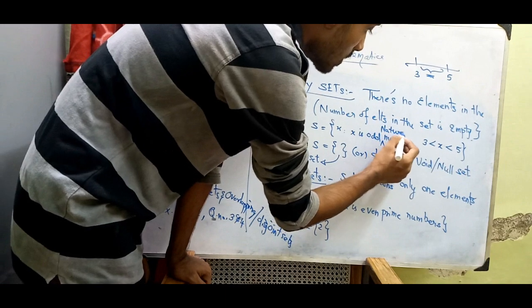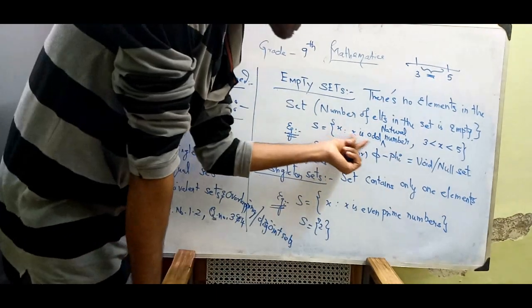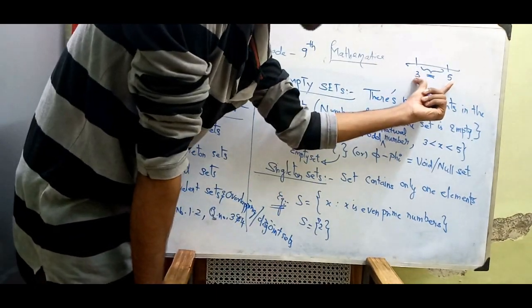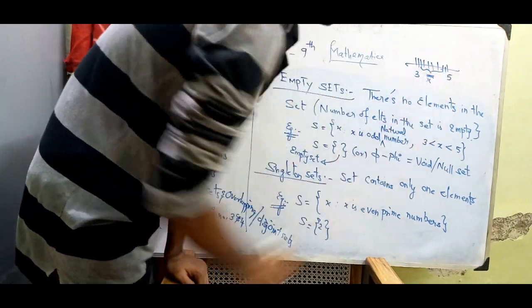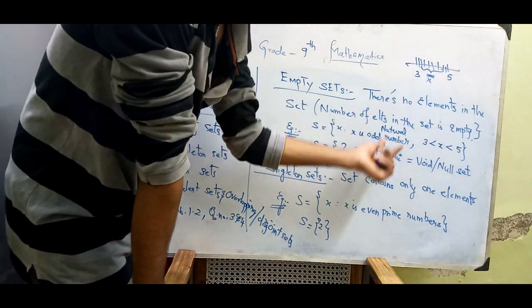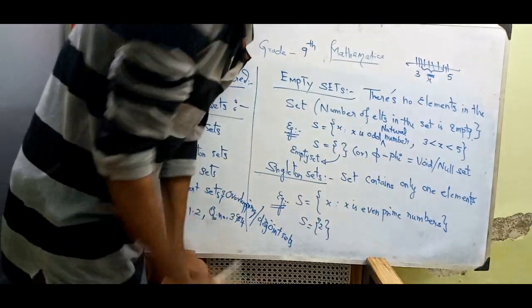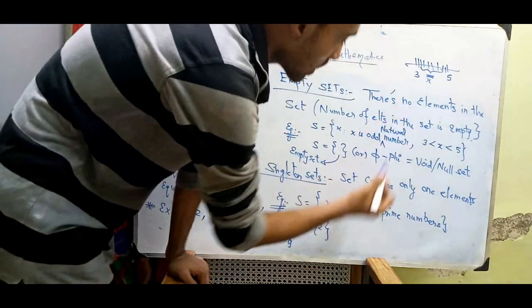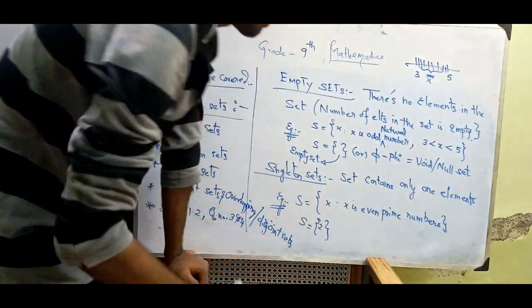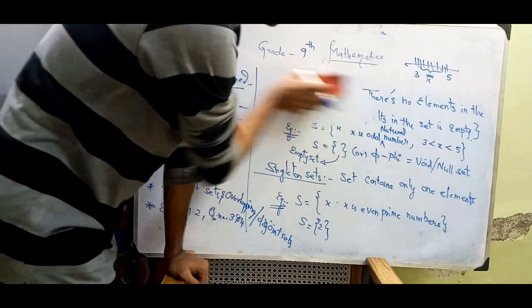So x lies between 3 and 5 and is an odd natural number.